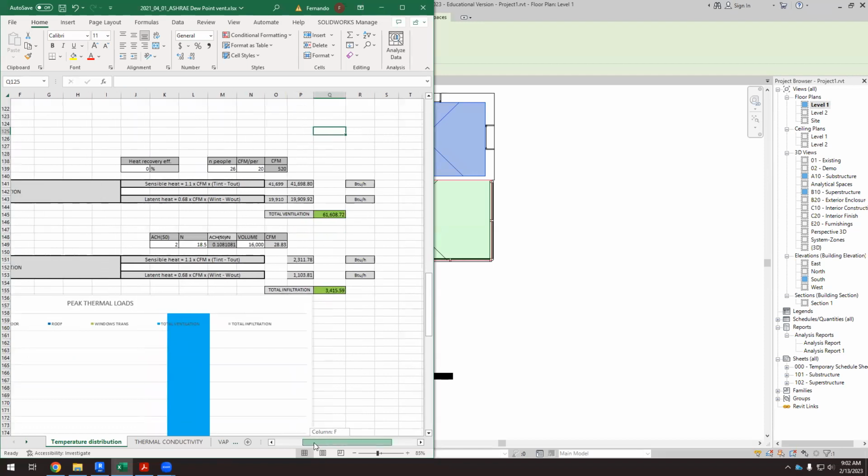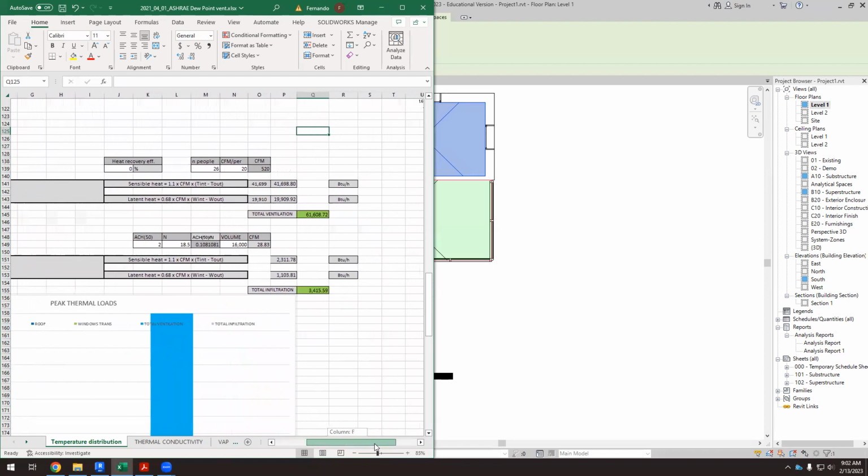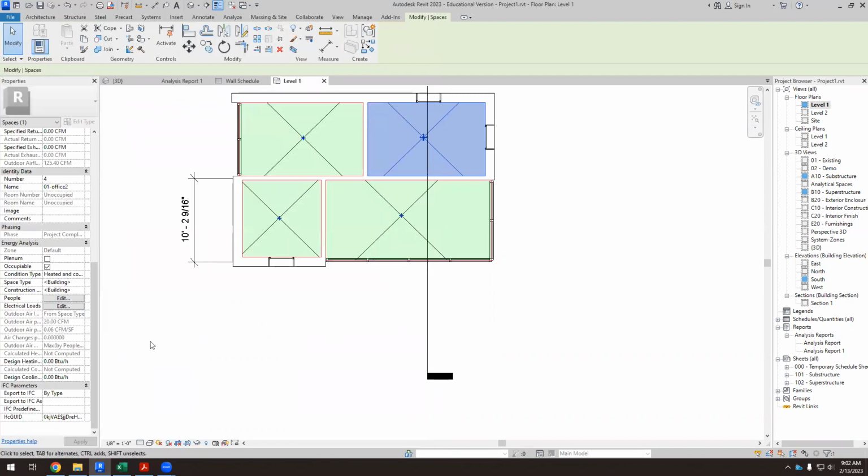And finally, we have infiltration. Infiltration is complicated. What do we do in Revit for infiltration?